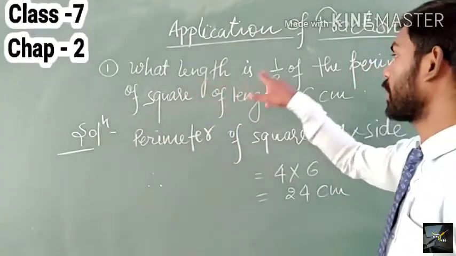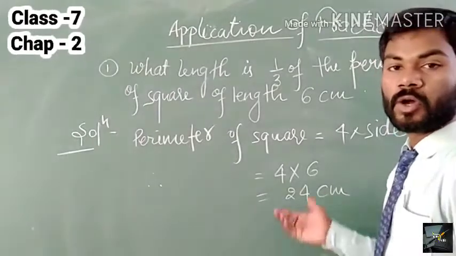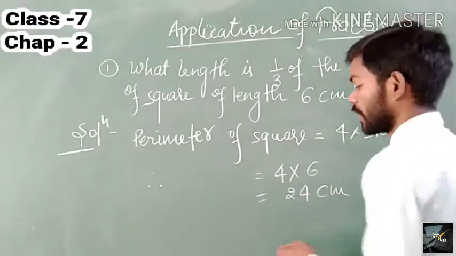Now we have to find out the 1/3 part of the perimeter of the square.